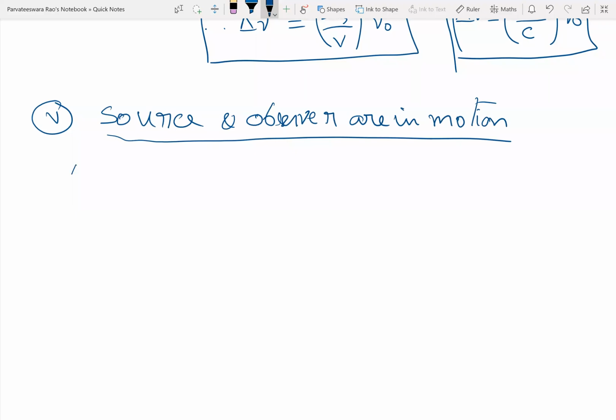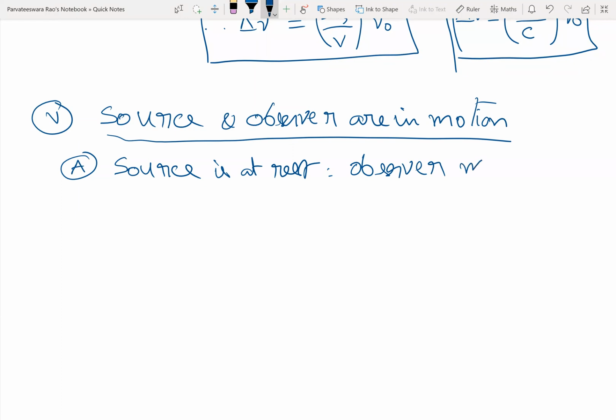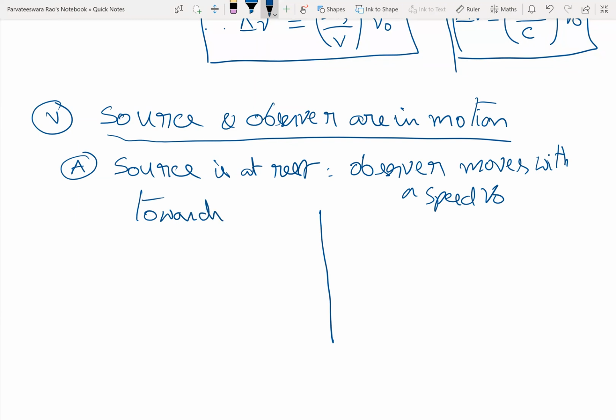So first of all, imagine that the source is at rest, and the observer moves with a speed V naught towards or away.